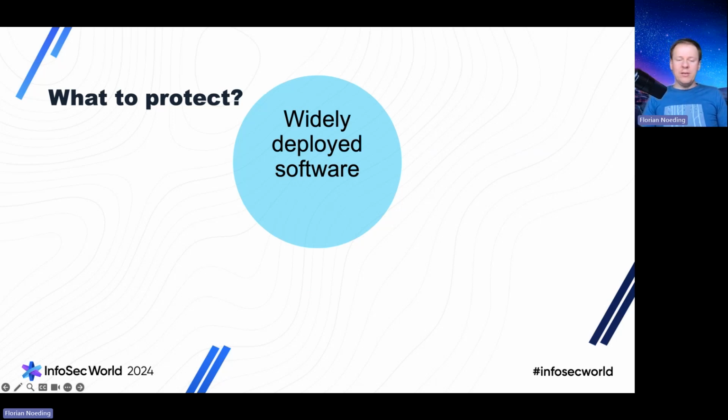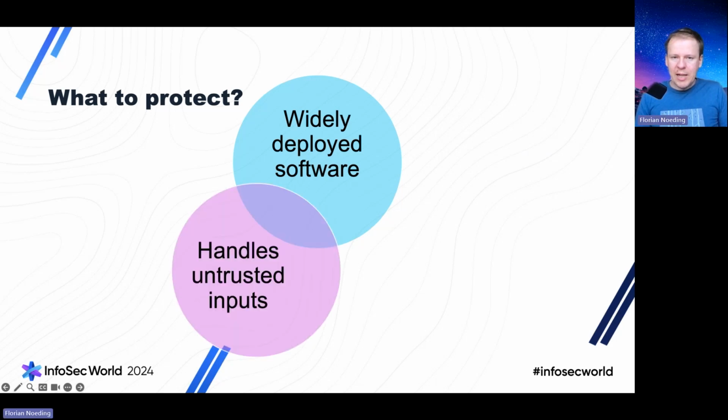Anything that is installed across millions, tens, or maybe even hundreds of millions of systems, that's a good target. Or even widely deployed within a specific industry. If you talk about not IT infrastructure, but OT, for example for critical infrastructure like electricity, water, gas, things like that. And of course, software that handles untrusted input, because that is how adversaries get to this piece of software to try to exploit it.